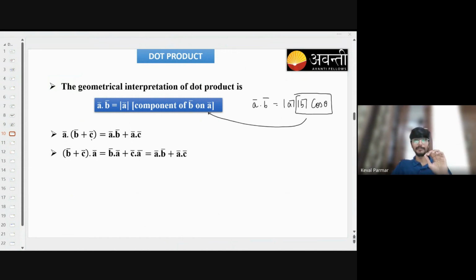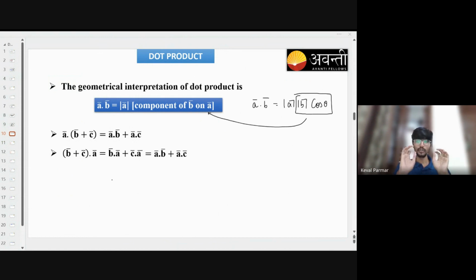A bar dot B bar plus C bar. It is basically like multiplication where we open the brackets. So if we open the brackets here, I'll get A bar dot B bar plus A bar dot C bar. Simple. And same with here. If I write B bar plus C bar dot A bar, so what will happen? B bar dot A bar plus C bar dot A bar.